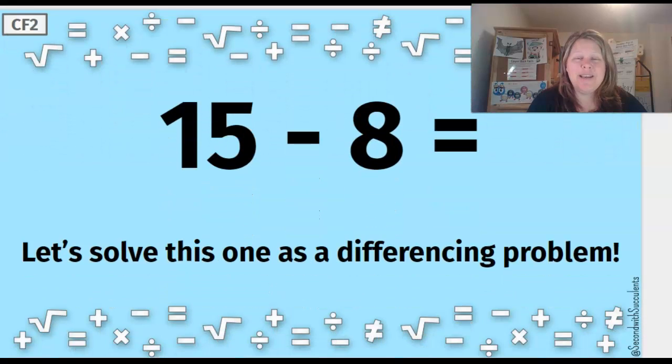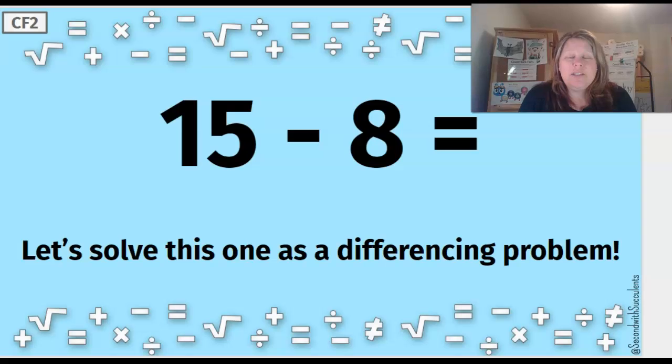All right, now it's going to be your turn. Would you please take out your whiteboard and write the problem 15 minus 8 equals box. I'll give you a second to write this. All right, now I want you to think about what I just showed you.